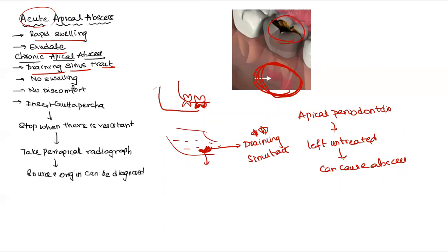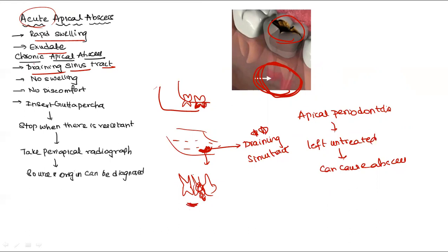For example, suppose in this case I told you like this, in another case, so for example in the maxillary tooth, okay, you can see that you can see something like there is some tract over here.